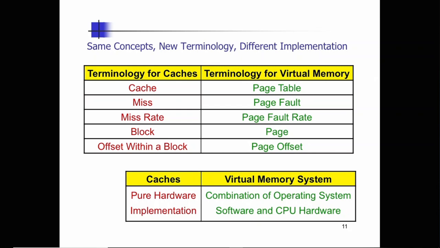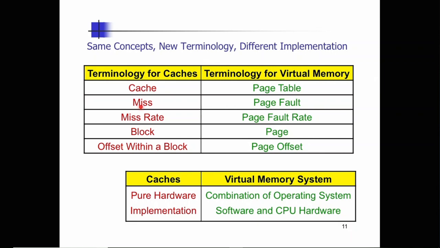For a cache, we were accessing the cache, and for virtual memory we need to look at the mapping. So we look at the page table, which has that mapping for each page number, what's the physical address or what is the disk address.